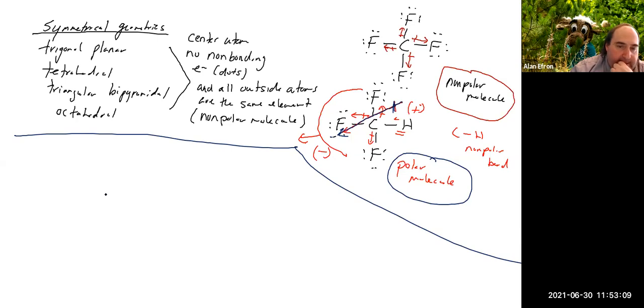And the two that really come up is linear, and it's not the linear that we were just talking about, but the expanded octet linear. So if you remember the expanded octet linear, and my really bad drawing is something like this.